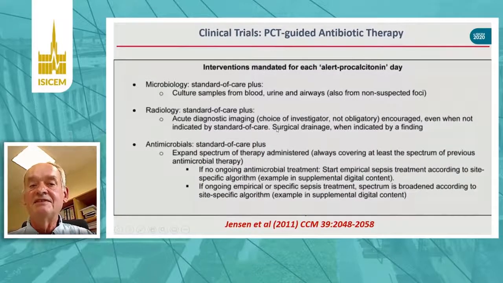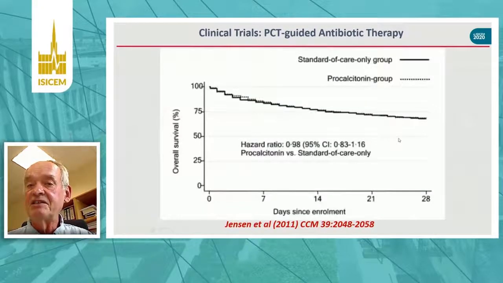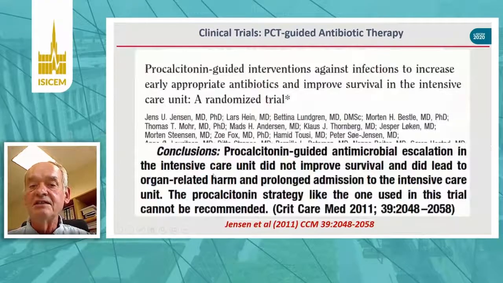And what they did is they increased microbiology, they increased antimicrobials and even radiologic diagnostics. So they really pushed up the treatment options when PCT was higher than 1. Already we learned that this does not have a very good predictive value, and you see it here. It was without any effect. And so it was concluded it's not useful to use this protocol.